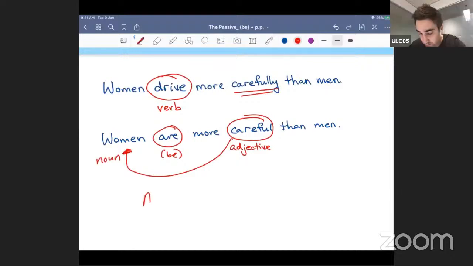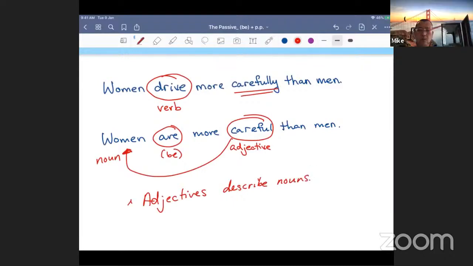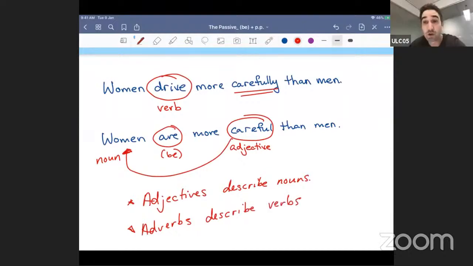So adjectives describe nouns, right? Adjectives describe nouns. Adverbs describe verbs, right?